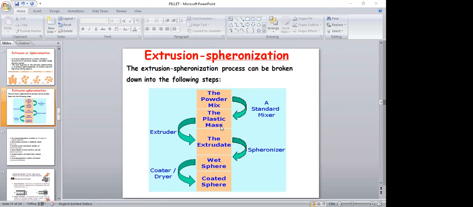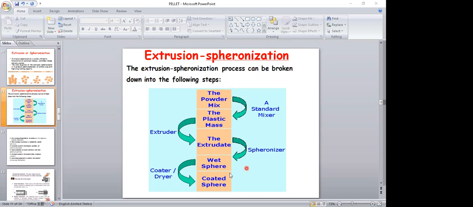That wet mass we are going to pass into the extruder. Through the extruder, you will get the extrudate of that wet mass, and then that extrudate we have to put into the spheronizer. At a specific RPM, we have to rotate that spheronizer, and that wet extrudate will get converted into spherical shape pellets.